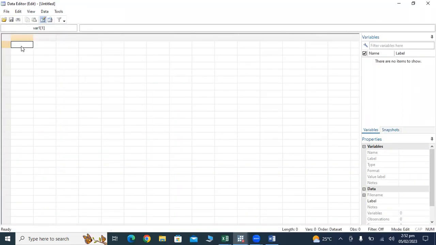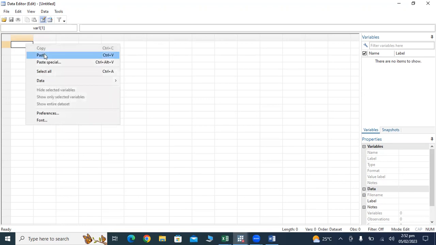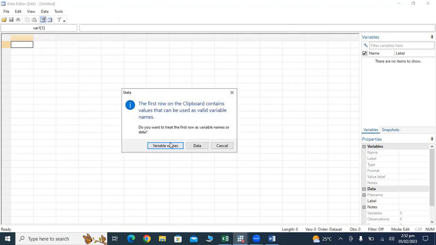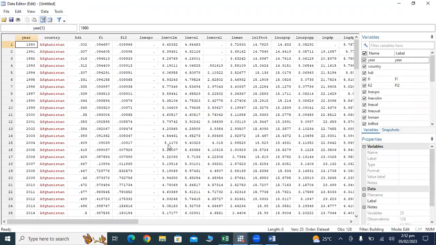When we write ED, this window opens like an Excel sheet. Here you paste the dataset taken from the Excel file, and this window asks whether the first row is the name of the variables. Yes, then press OK.